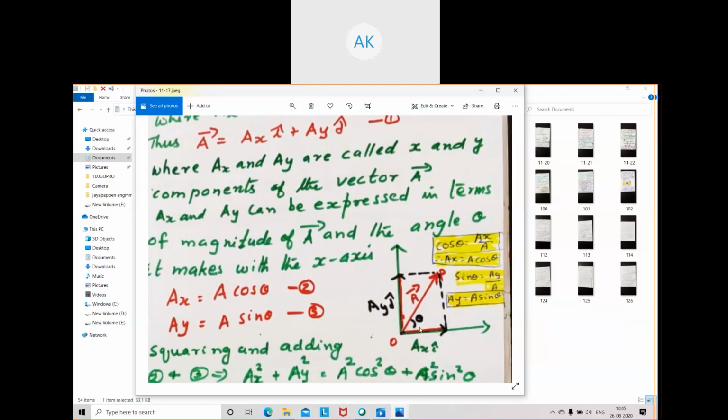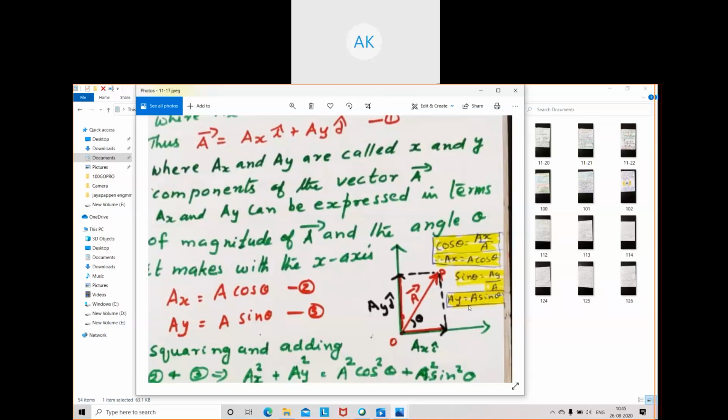So cos theta is adjacent side Ax by hypotenuse A, Ax by A. Similarly, sin theta is Ay by A, opposite side by hypotenuse.